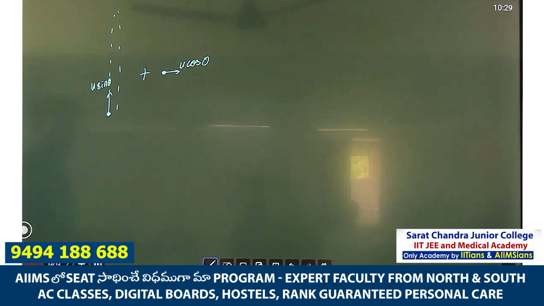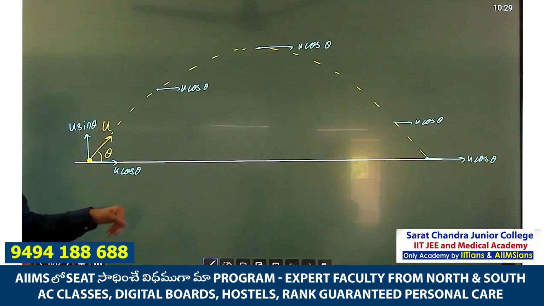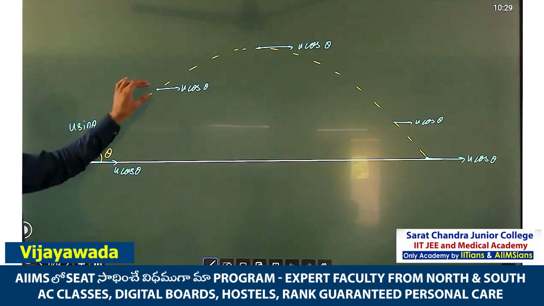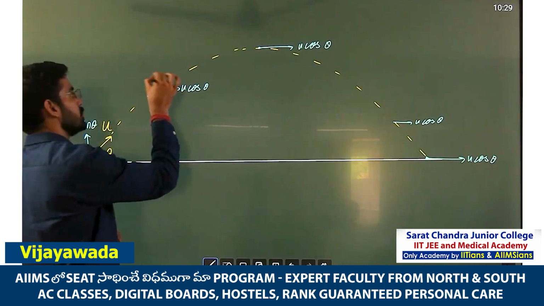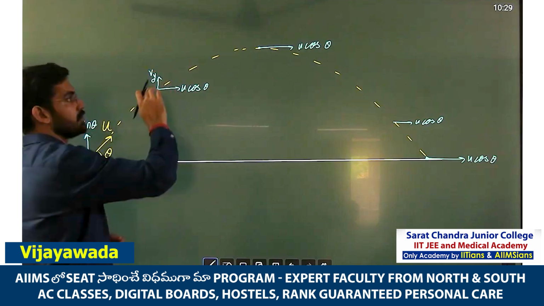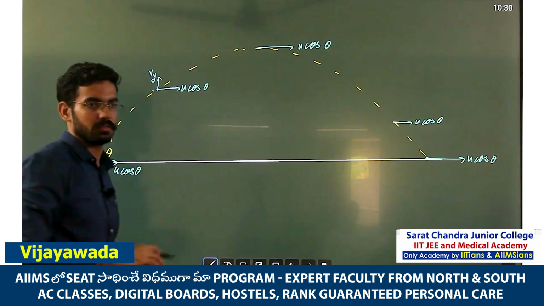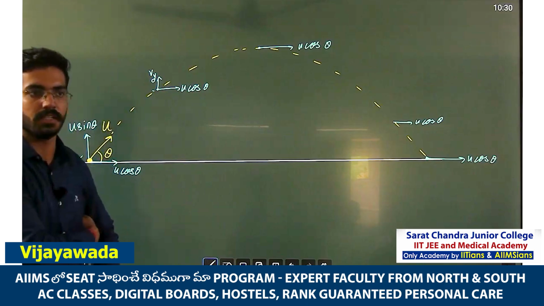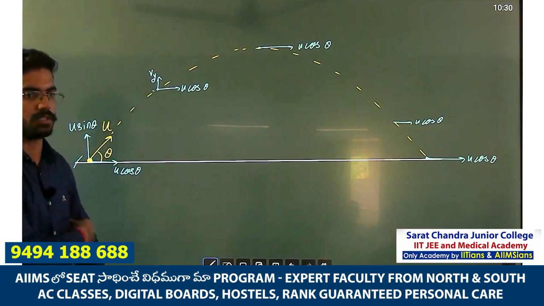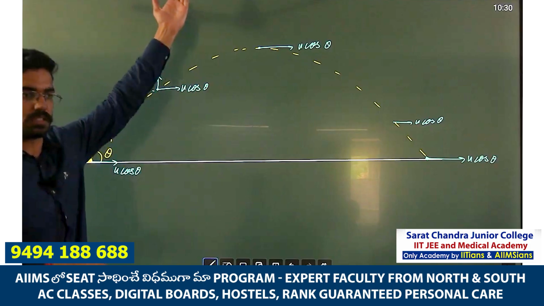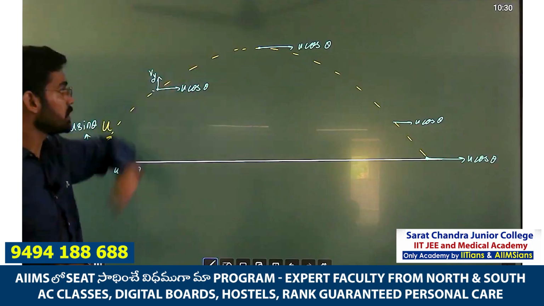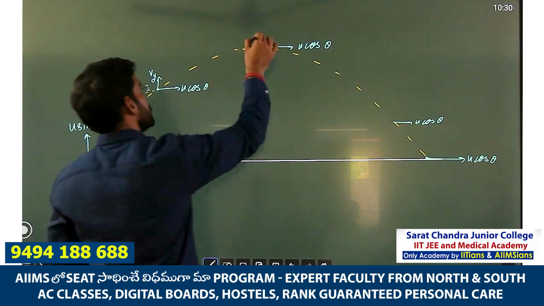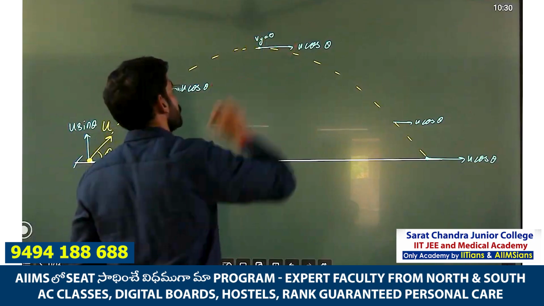So in the y direction, what will happen? Gravity is downward, so this u sin theta will decrease slowly. Here some lesser value will be there, Vy. And at the maximum height, what happens? Vertical component will become 0. Why is the vertical component 0? If non-zero, then it means it is still going up, right? So let it go up, that is the maximum point. So at this point, Vy will be 0.